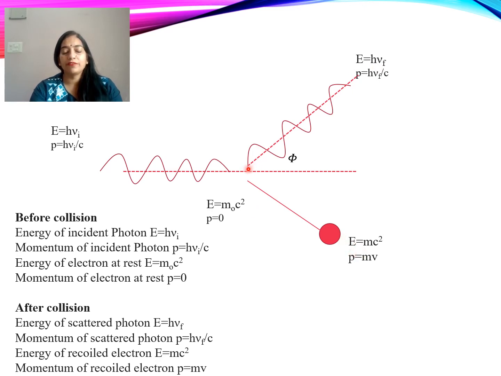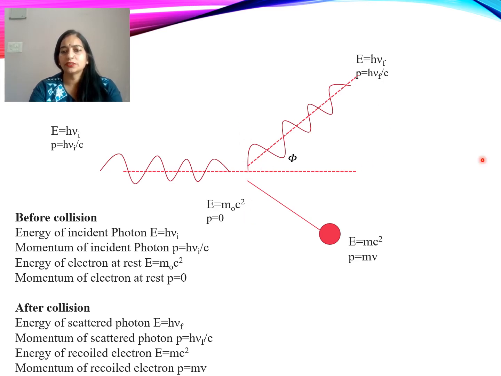For momentum, we divide momentum because before collision momentum is along the incident photon direction, but after scattering momentum is in two directions. One component is in the horizontal direction, one component is in the vertical direction. So we divide momentum into two parts, horizontal and vertical, and apply the conservation of momentum in two directions: along the incident photon and perpendicular to the incident photon.